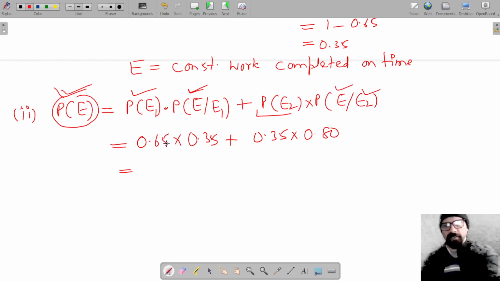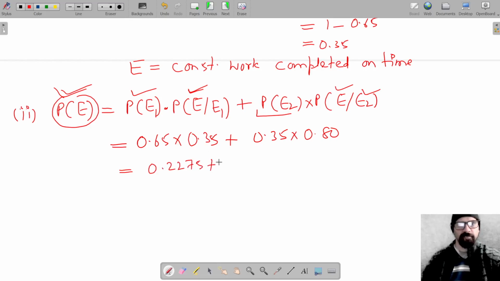All right, so let's try to simplify this. 0.65 into 0.35 is equal to 0.2275, plus 0.35 into 0.80, which is 0.28.